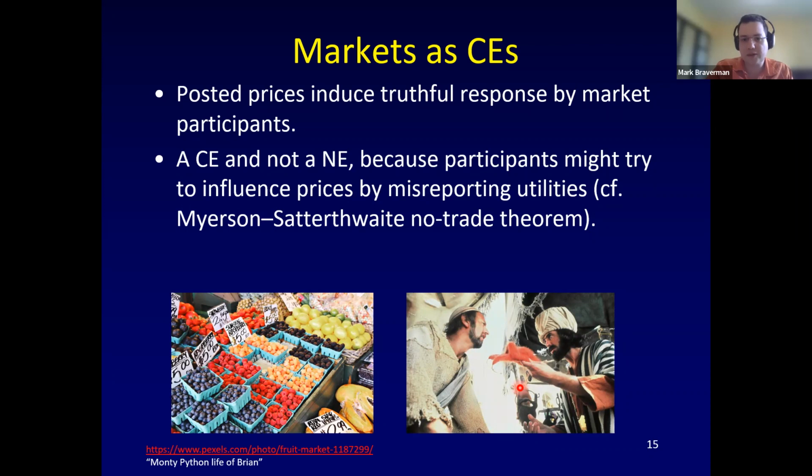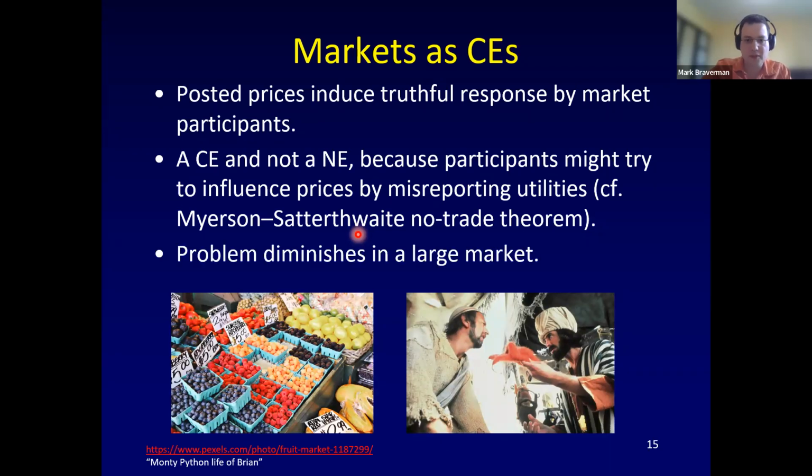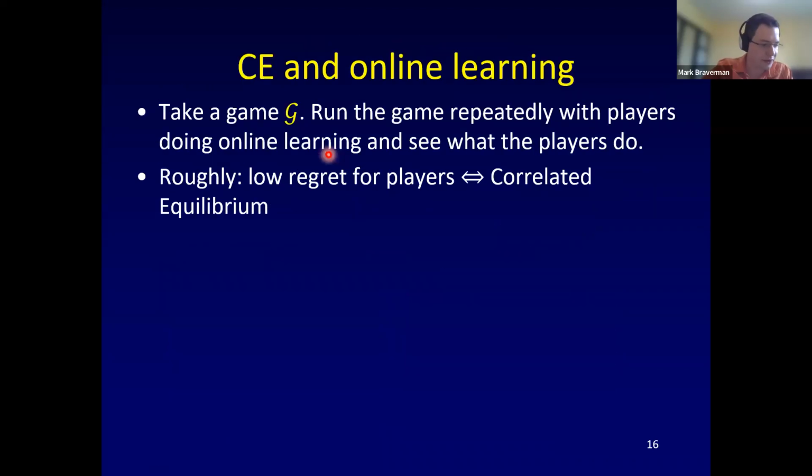This is the informal explanation, but there are serious deep theorems like the Myerson-Satterthwaite theorem that formalize this intuition: efficient trade cannot happen in a Nash equilibrium, exactly because sometimes people will try to lowball their utility to get a better deal. In large markets, there are convergence results that this is not such a big problem, but correlated equilibria are unequivocally nicer in this context.